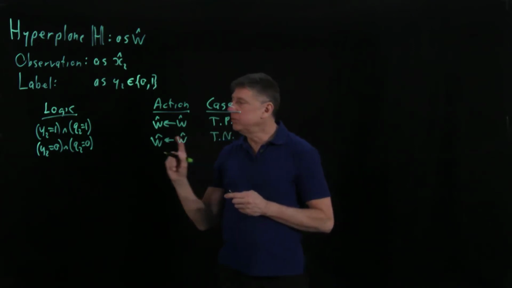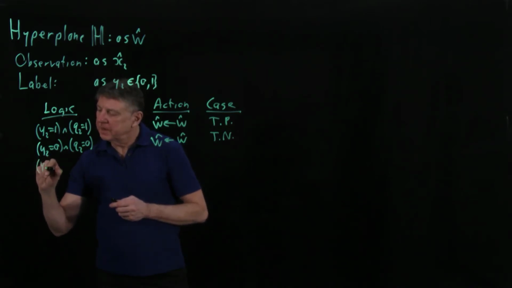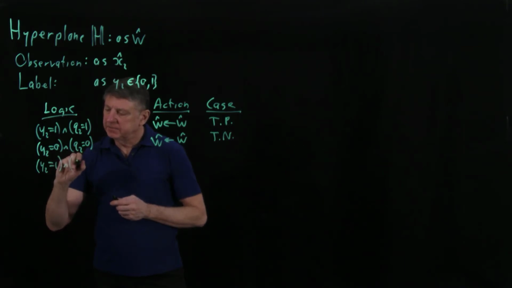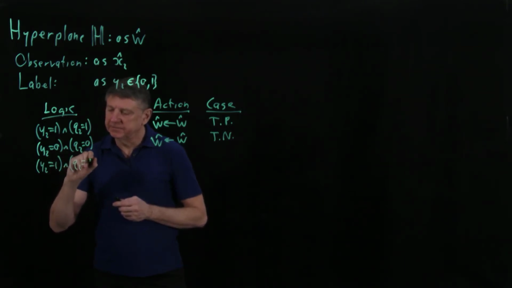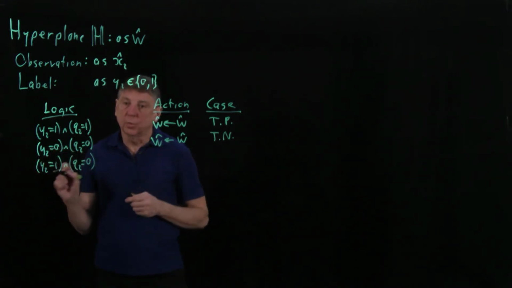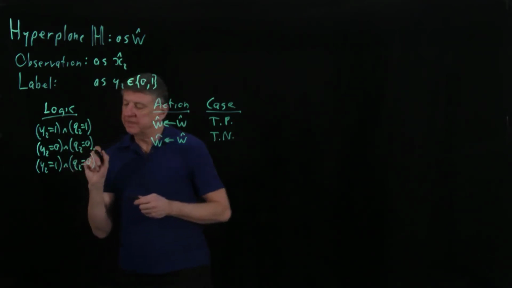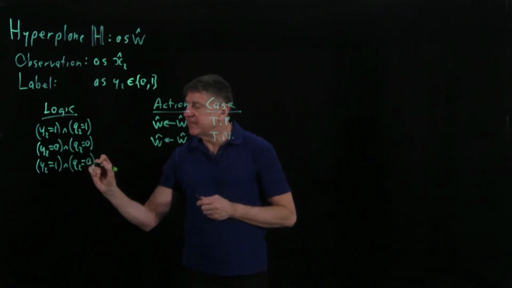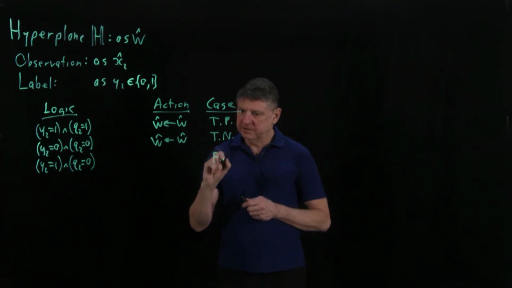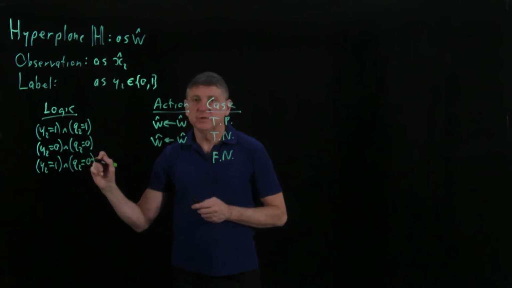Now, what do we do if the label of our data is 1 and the classification is 0? What is that? Well, this is a false negative, right? Because we've classified this as negative, it's actually positive. What do I want to do in this case?